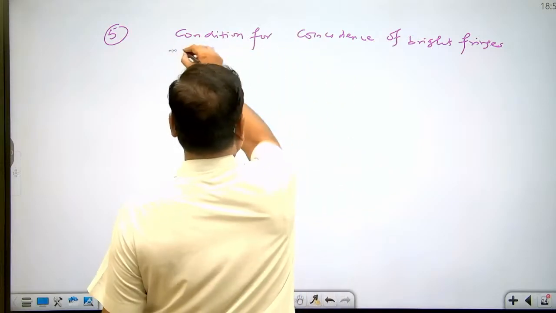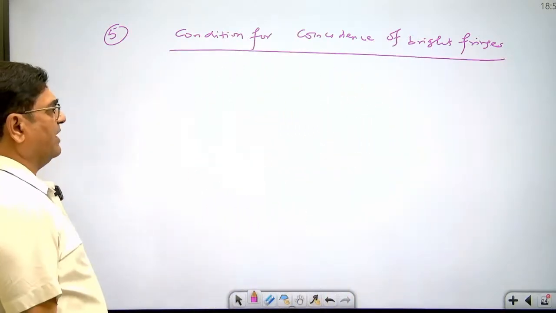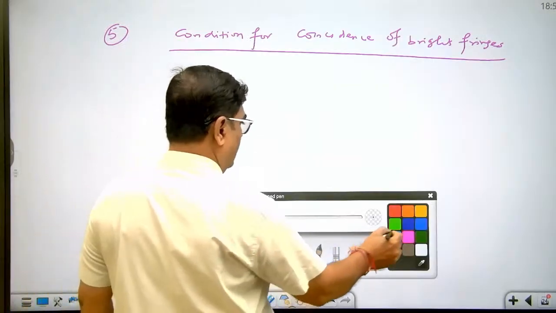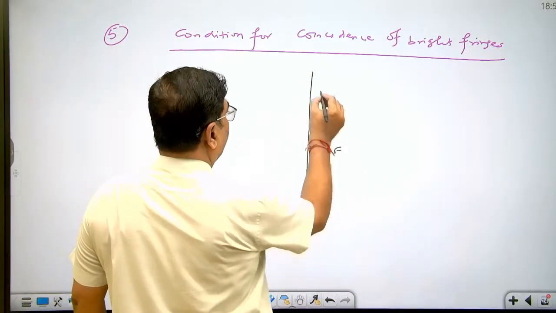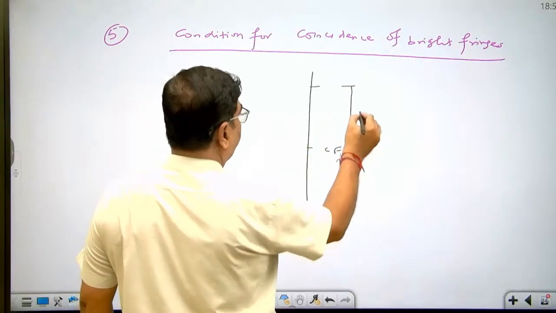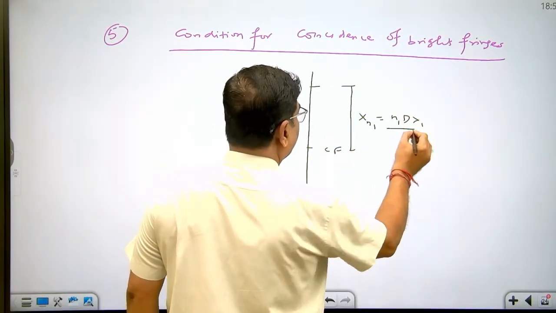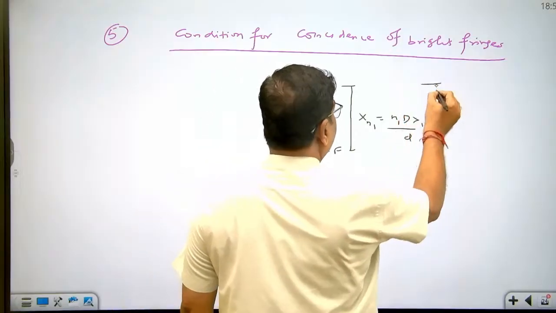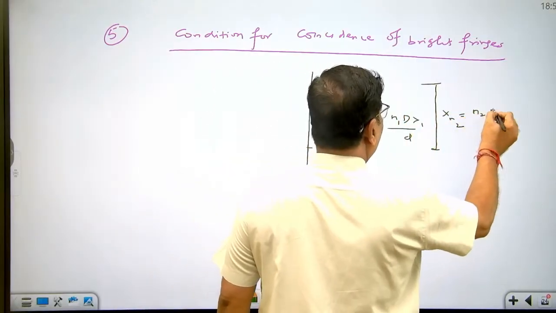When the YDSE experiment is exposed with two-color light having wavelengths lambda 1 and lambda 2, dear student, let us see, this is the position of the n1th order bright fringe of wavelength lambda 1 and this is the position of the n2th order bright fringe of wavelength lambda 2.